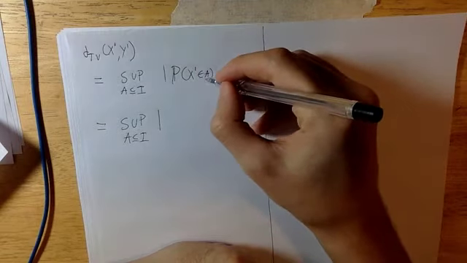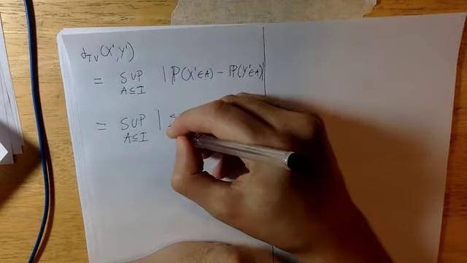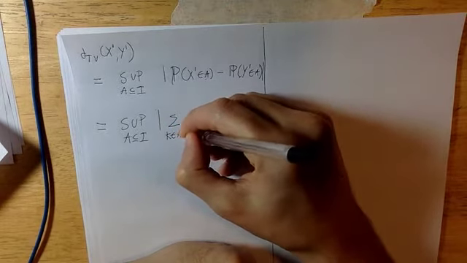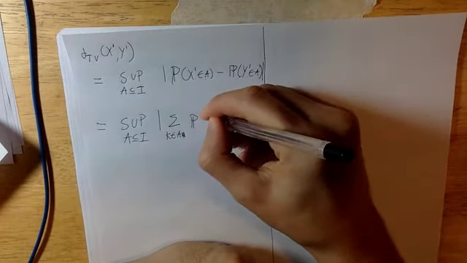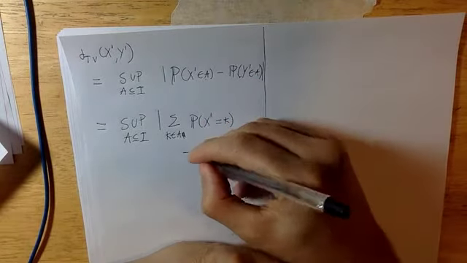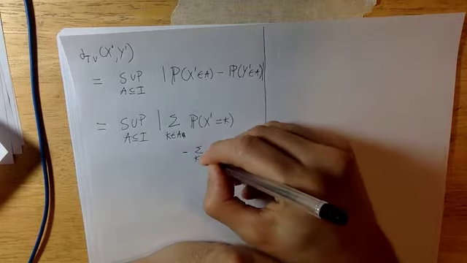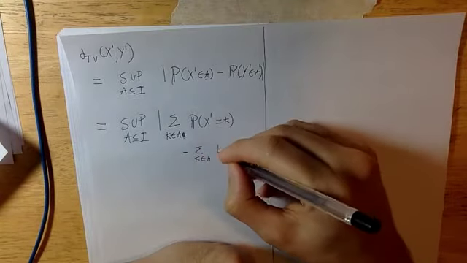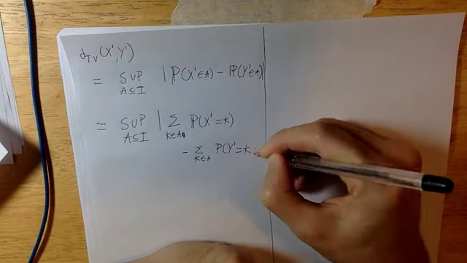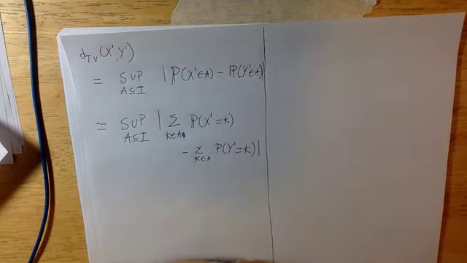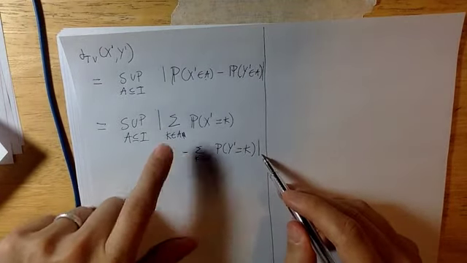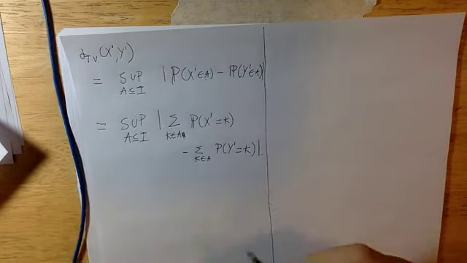Now, this can be decomposed as the sum over k in A of the probability that X prime is equal to k, minus the sum over k in A of the probability that Y prime is equal to k. But now we can take this sum outside the absolute values and get an inequality.